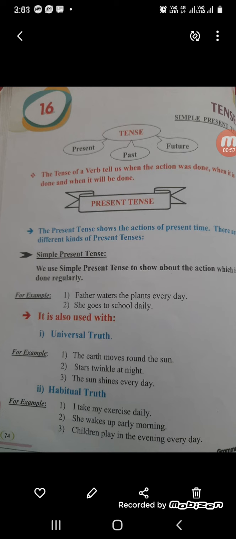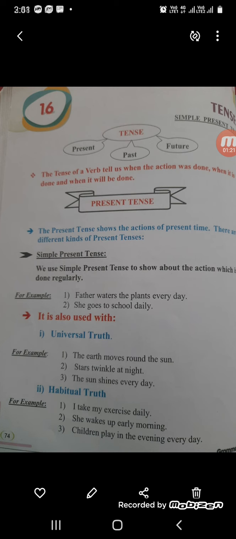The tense of a verb tells us when the action was done, when it is done and when it will be done. When the action was done, that is past tense. When it is done, present tense. And when it will be done, future tense. So present, past and future.